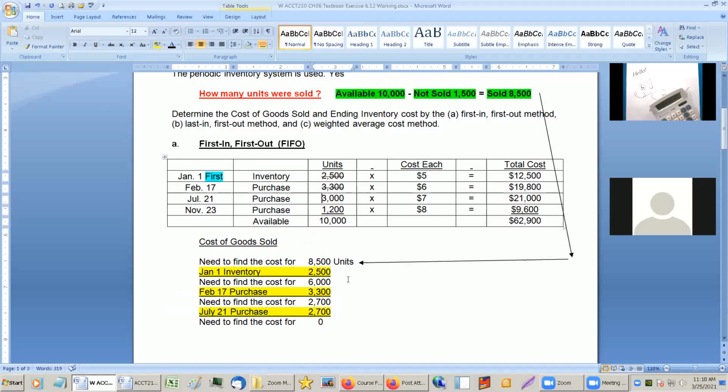And so this no longer has 3,000 in it. It has 300. 2,700 was sold, so there's only 300 left in that layer.